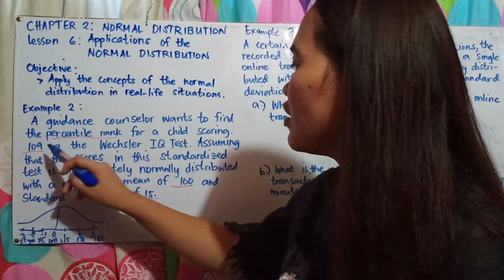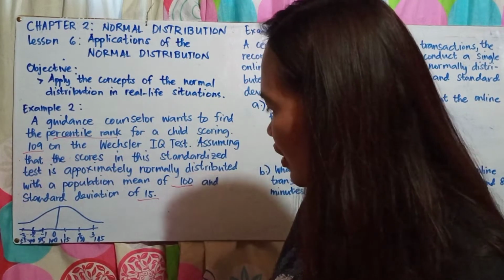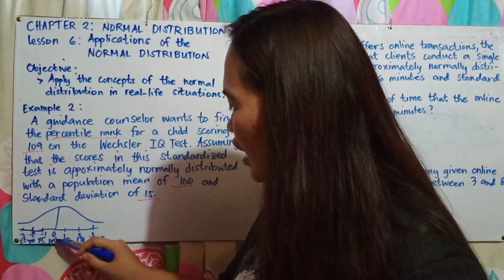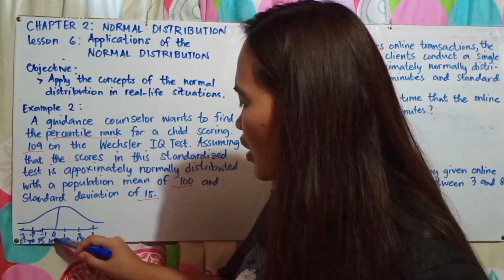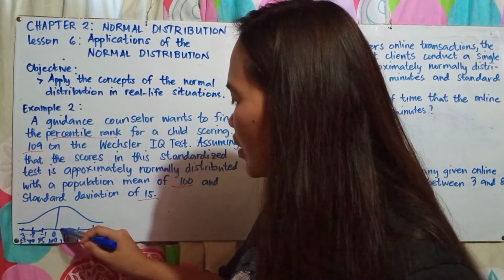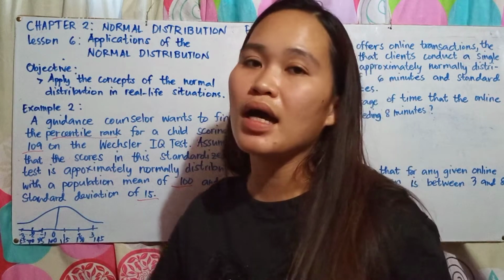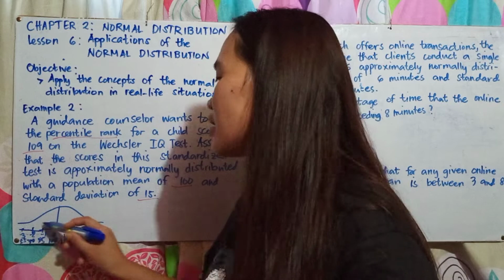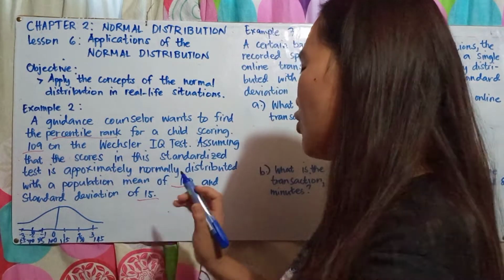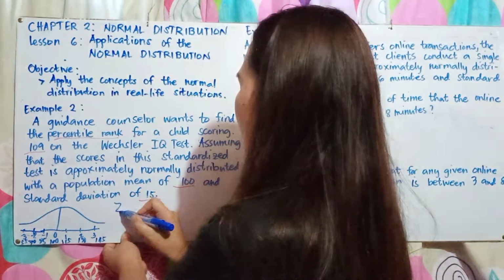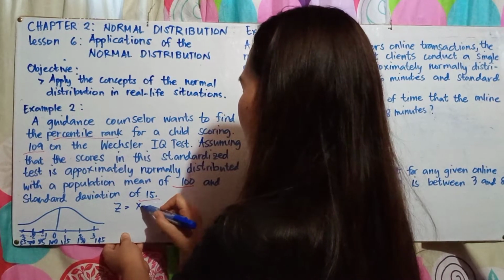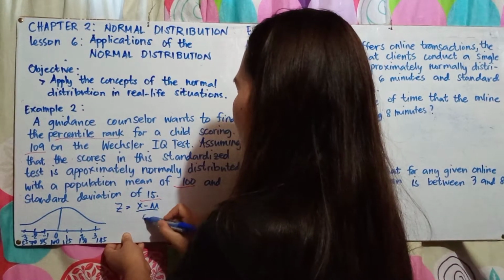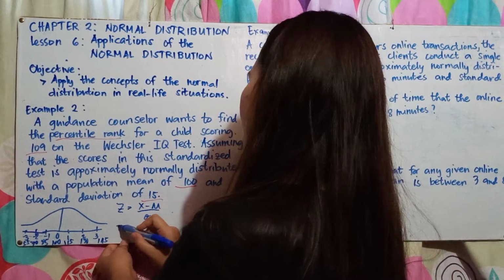Since the given is 109, it is located between 100 and 115, possibly around here. To be sure of its z-score on our standard curve, we solve it using the z formula: x minus mean over standard deviation.